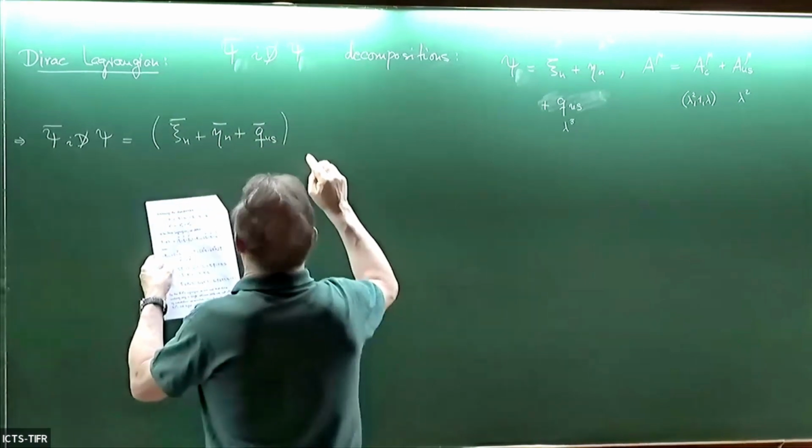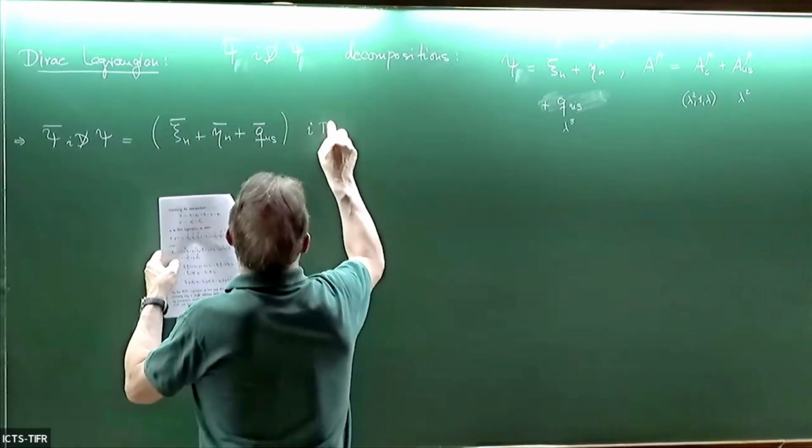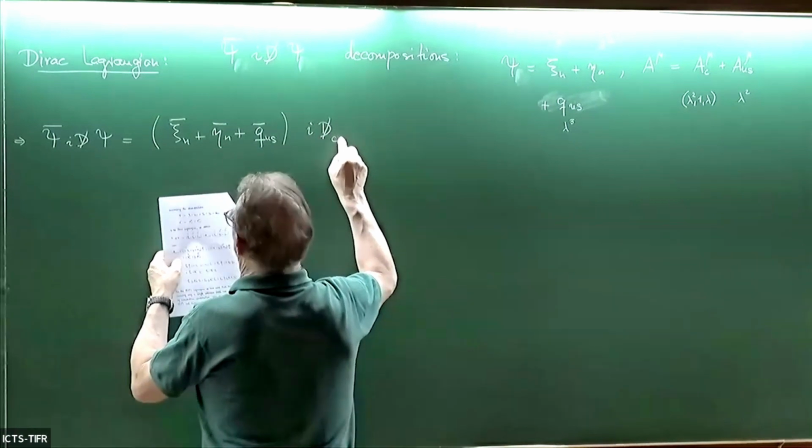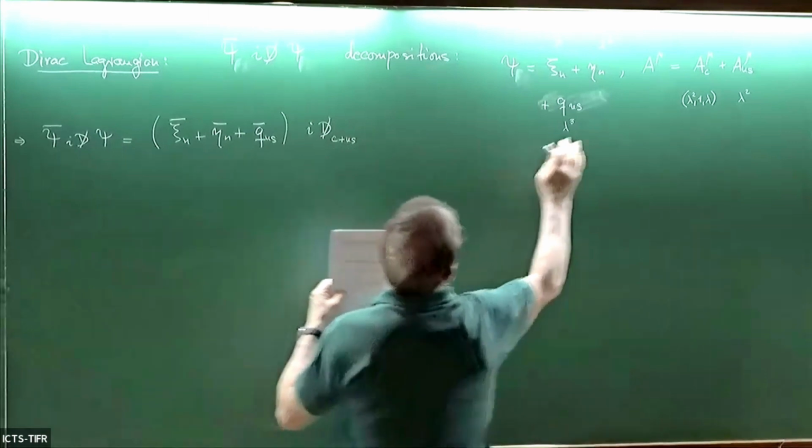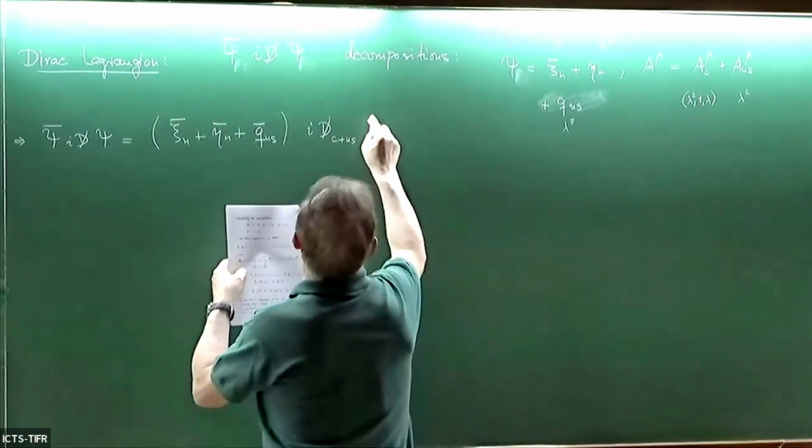Let me write the derivative as collinear plus ultrasoft, and I think it's clear what it means. It means that the gauge field is given by the sum.